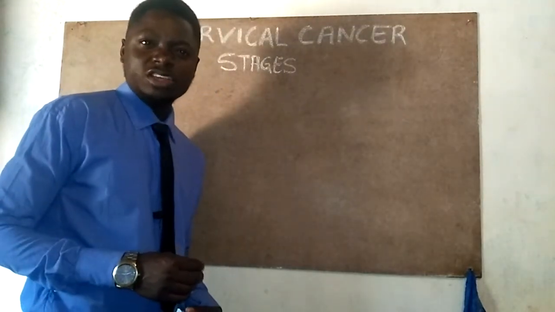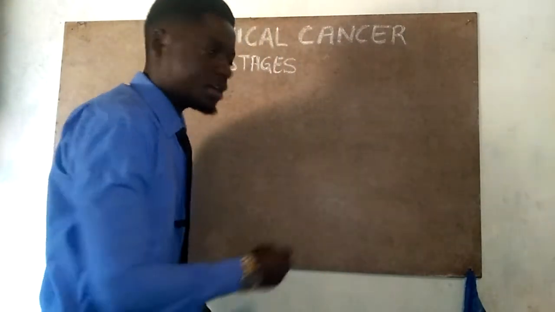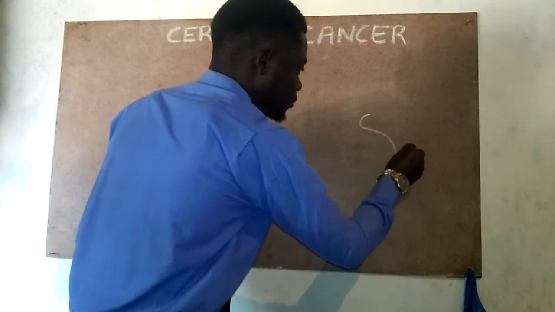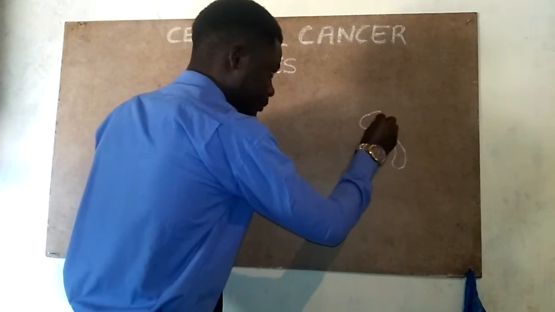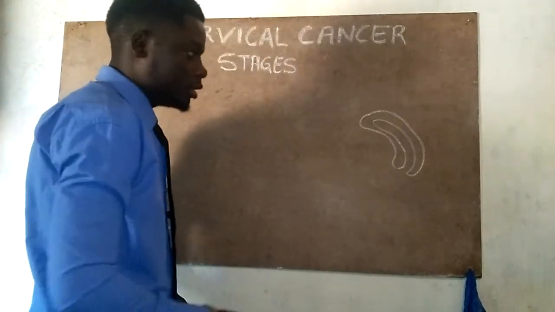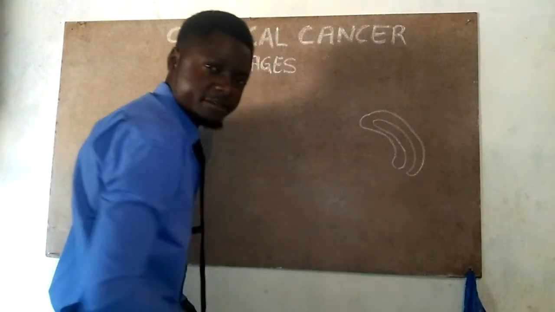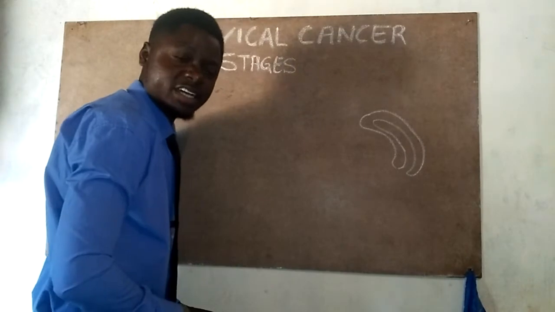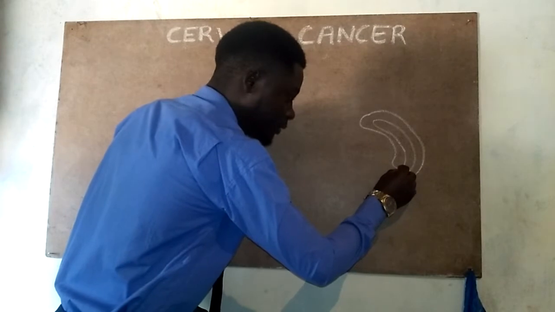So first we start with the genital tract. Here we have the uterus, and of course this is the side view of the uterus. And this is the cervix, and just after the cervix we have the vagina, and the cervix enters the vagina at 45 degree angles.